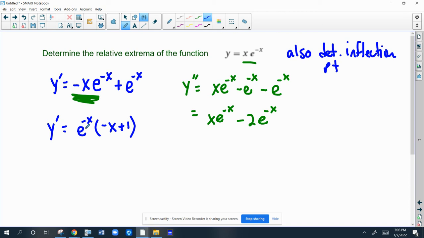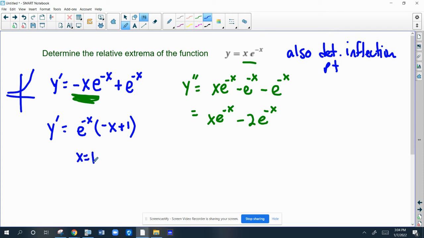One guess would be, well, what if x is 0? Well, that would be e to the -0, which is just 1. So you know what exponential functions look like. They never cross the x-axis, so they're never 0. So the only critical number is where -x plus 1 would equal 0, or x equals 1.